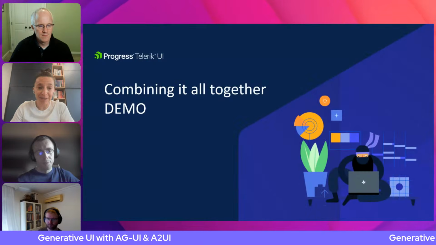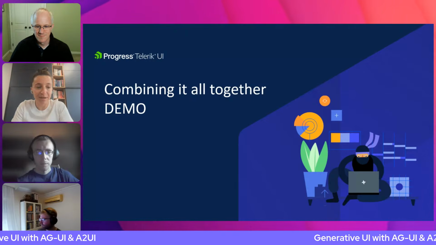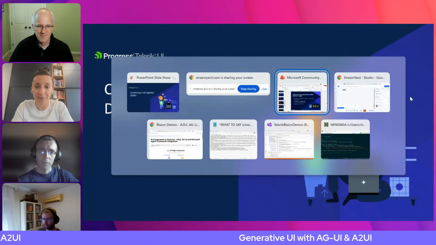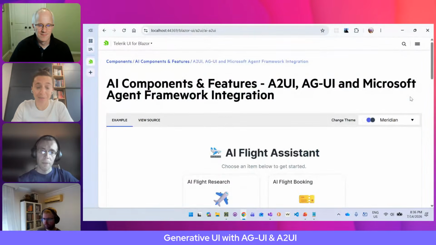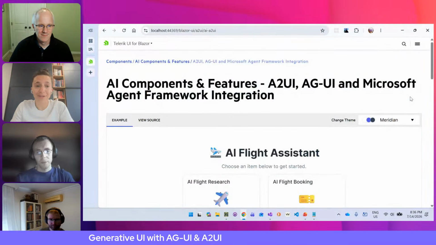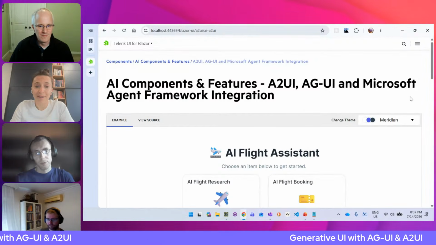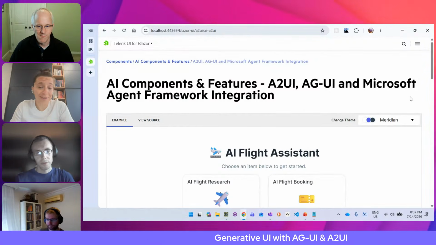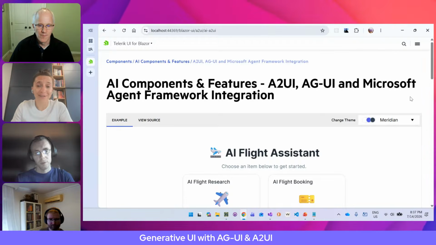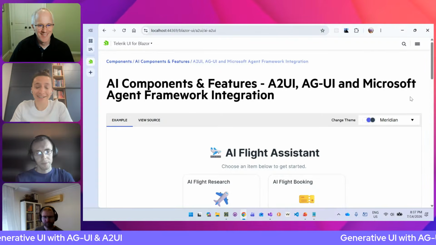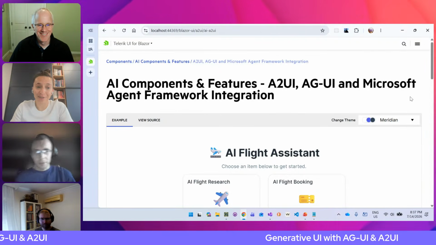And to combine it all together, I will run through a demo, a pretty neat one that we developed here. It's in preview, and we integrated all those buzzwords that we mentioned a lot tonight: A2UI, AGUI, and Microsoft Agent Framework.